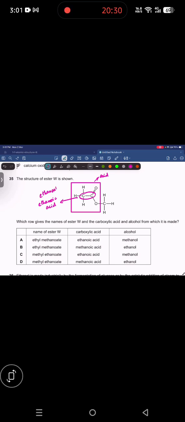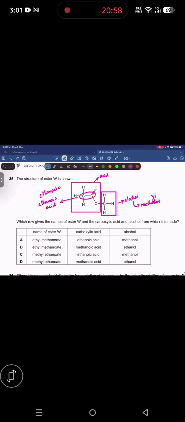The name is ethanoate. Then the next part in the structure is the alcohol part here. Okay, and the name of this alcohol is methanol, and the name for this one is methyl.